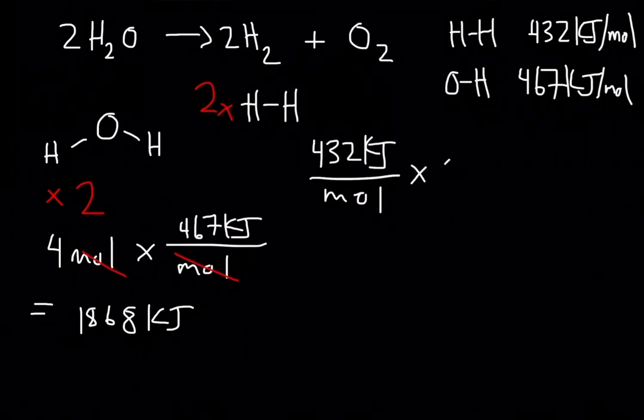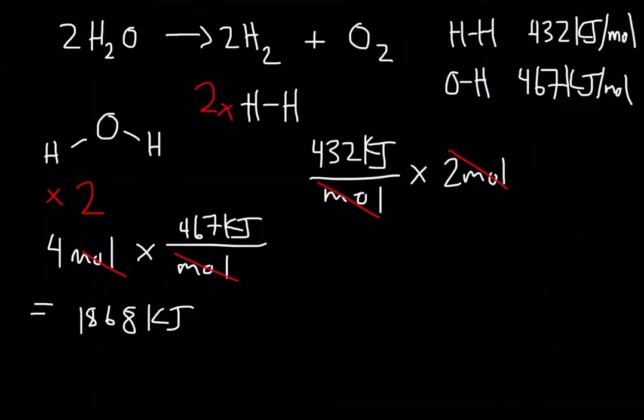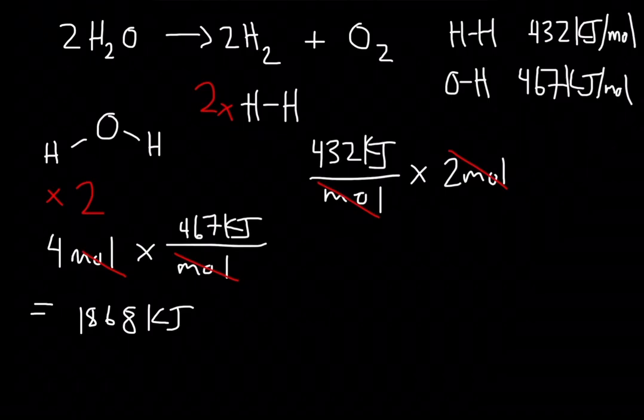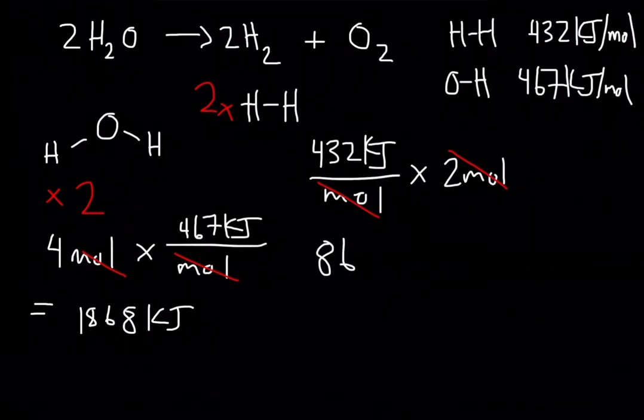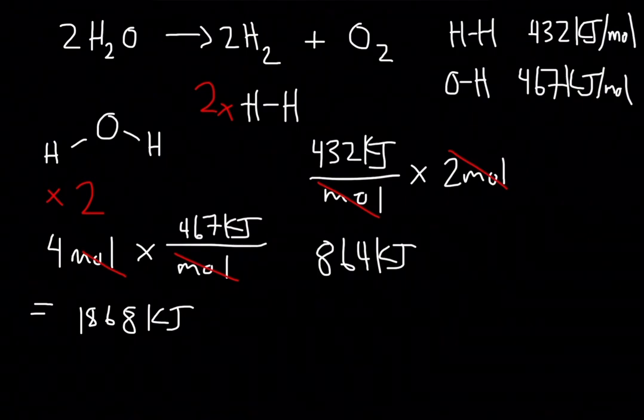And there's two of that, so times 2 mole. The mole cancels out, that's good. Now 432 times 2 is 864 kilojoule.